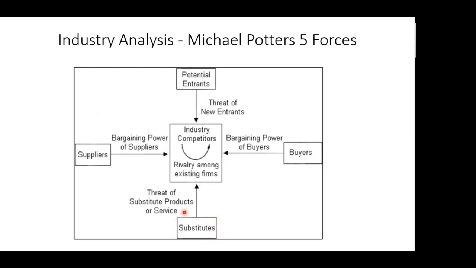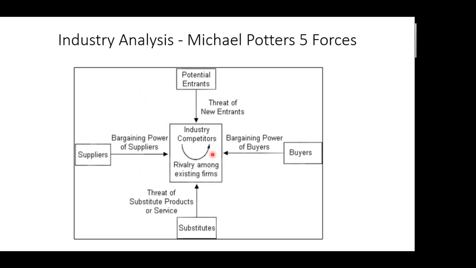Say you're producing plastic bottles and another company producing glass bottles or aluminum cans can substitute. So the threat of substitutes. And the fifth one is the industry competitors, that means the rivalry among the existing firms. Say you're producing garments or t-shirts, and there are a lot of t-shirt manufacturers already in the market. The pressure they create in the market.